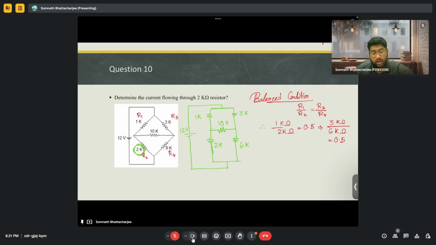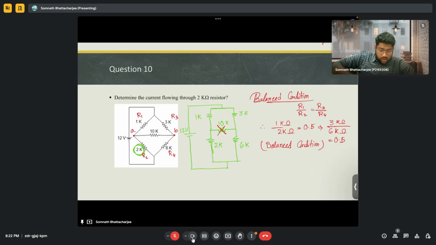So both are the same. So the bridge is in balanced condition. As the bridge is balanced, let's say this point was A and this point was B. So there won't be any current flowing through this. So this is a fake resistor, let's say.